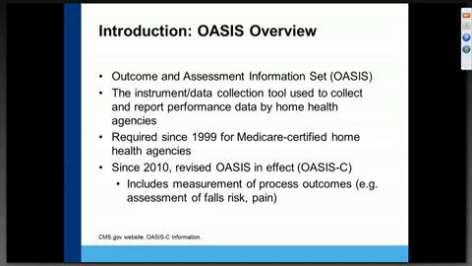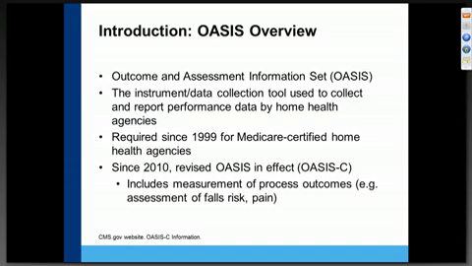And 2010 was the first major Oasis revision to the Oasis C. The major change at that point was changes in some of the Oasis items, deletion of some, addition of some, but one of the more major changes was the addition of a number of process outcomes. For example, assessment of falls risk, pain, and pressure ulcer assessment.